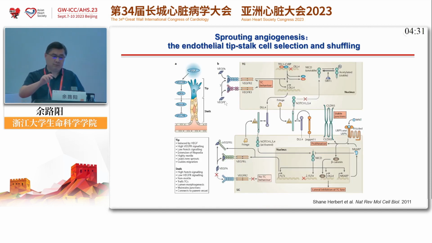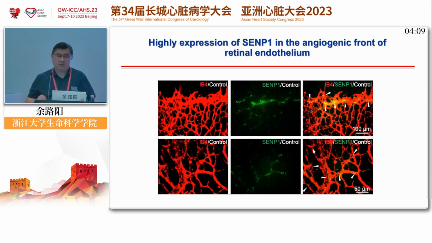And also, we did some work on SUMOylation in angiogenesis, focusing on the endothelial tip cell to stalk cell signaling. One is positive, the VEGF signaling and maybe also the FGF signaling, and the negative one, the Notch signaling, in endothelial cells. We used the retinal angiogenesis model in mice, and SENP1 is mainly expressed in the angiogenic front.